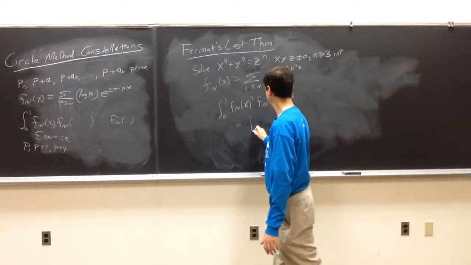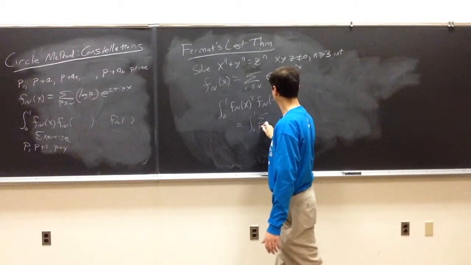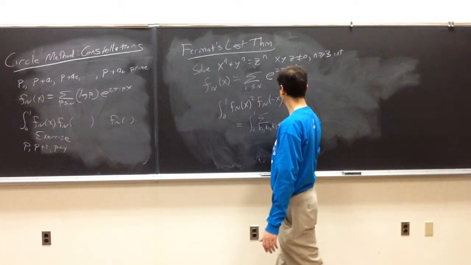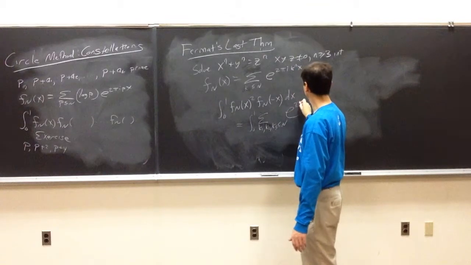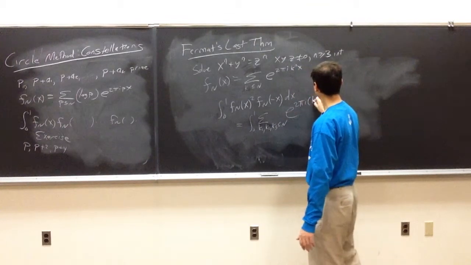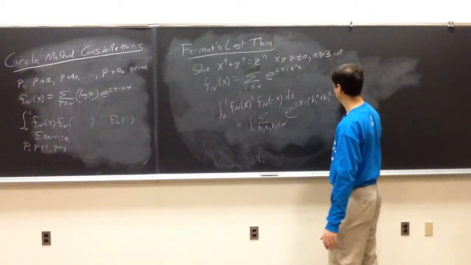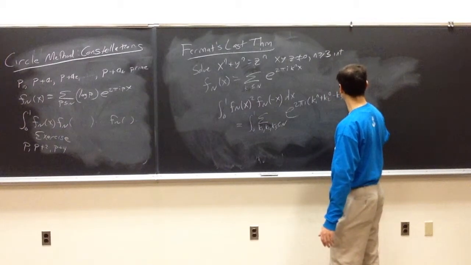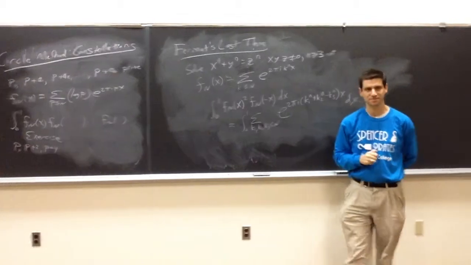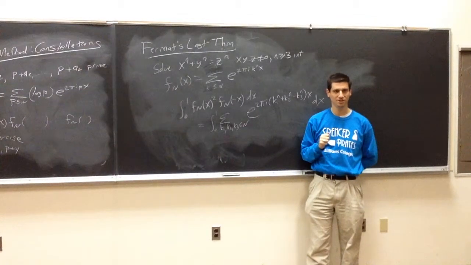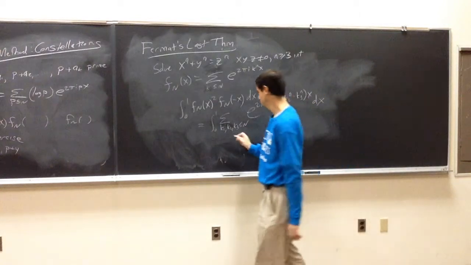It will be the integral from 0 to 1, the sum over k1, k2, k3 less than or equal to N, of e to the 2 pi i (k1 to the n plus k2 to the n minus k3 to the n) x dx. All right?